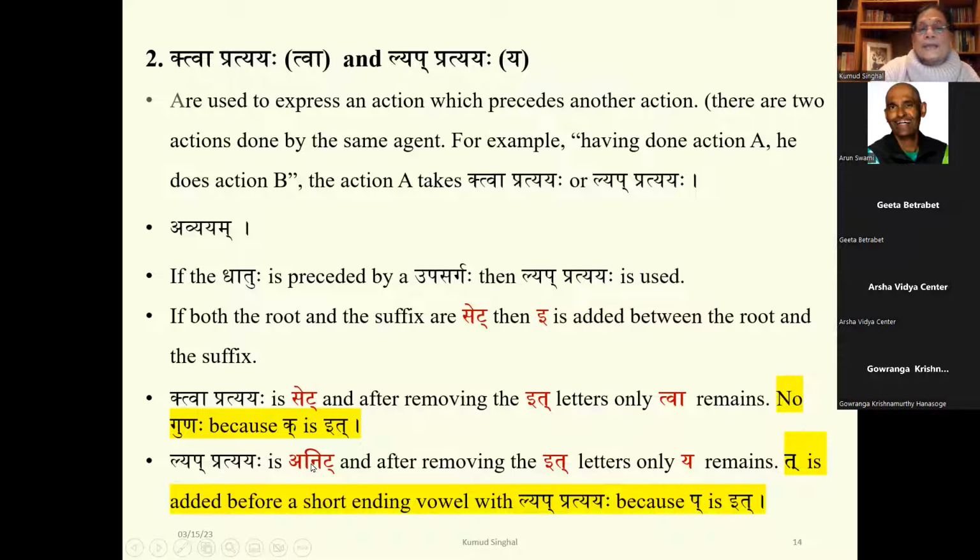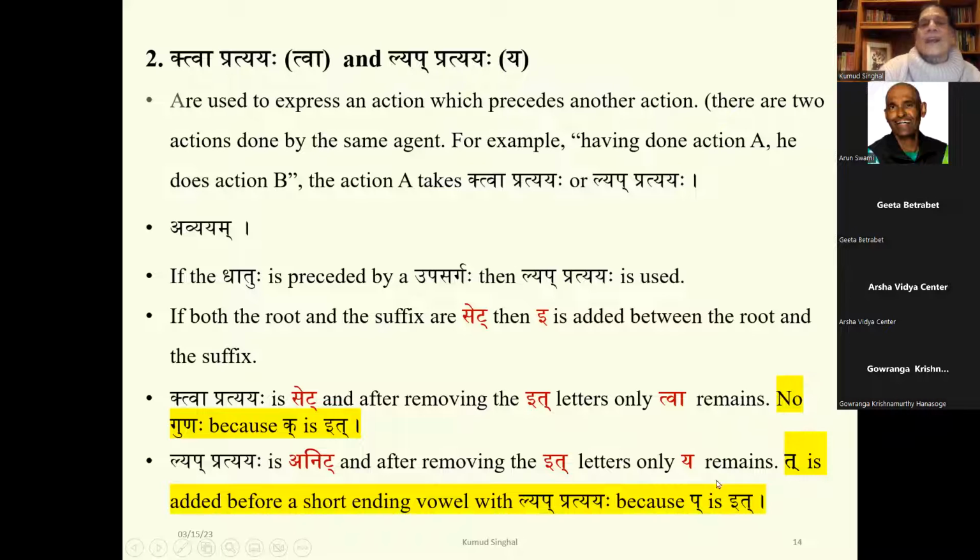Liya pratyaya is anit, and after removing the it letters, only ya remains. Here, pa is an it letter, so ta is added before a short ending vowel in the liya pratyaya.